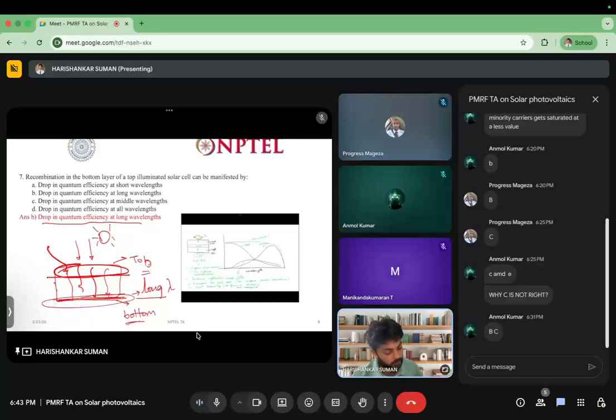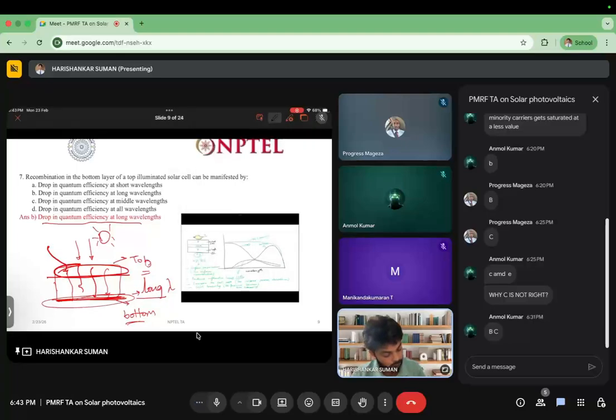If there are losses or recombination at the bottom layer, the quantum efficiency drops along the longer wavelength side. Let's say the quantum efficiency curve will look like that. This is wavelength, lambda, let's say 200, 300, 250.